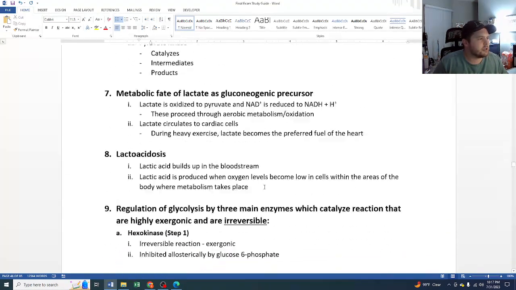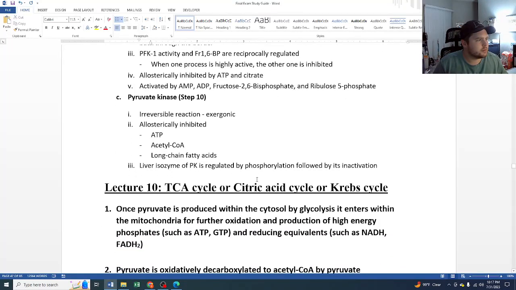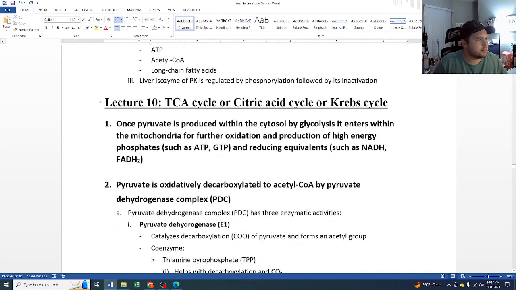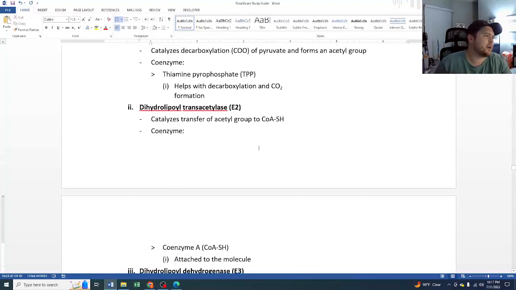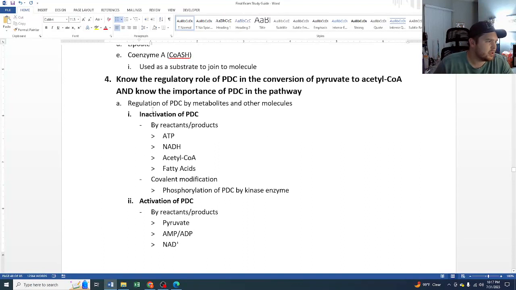Pyruvate goes to acetyl-CoA. Sorry, I had a little bit of a brain fart there. If the pyruvate does not go to acetyl-CoA, then it does not go into the Krebs cycle.